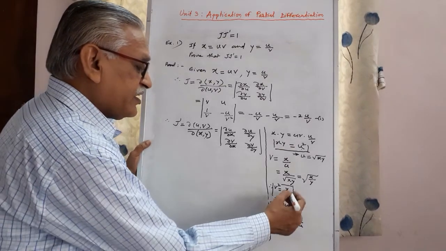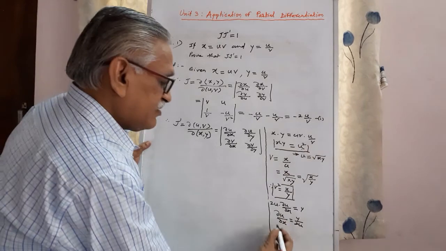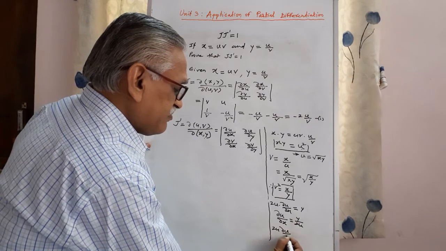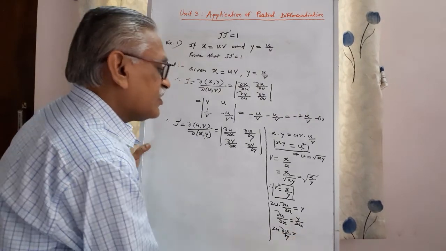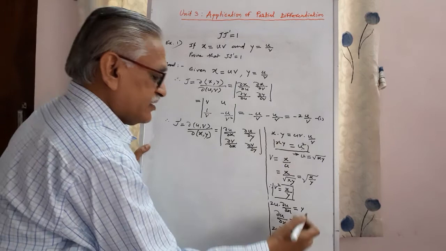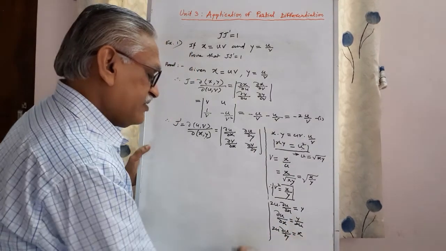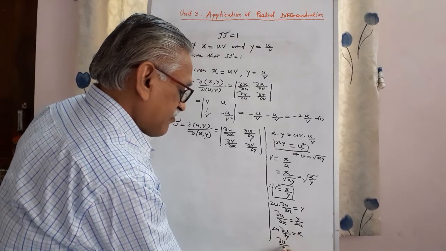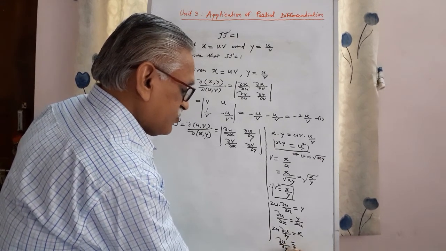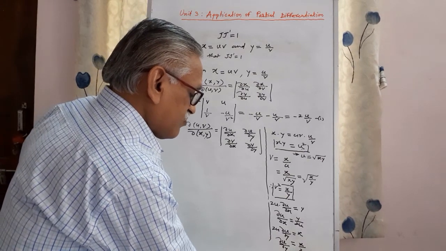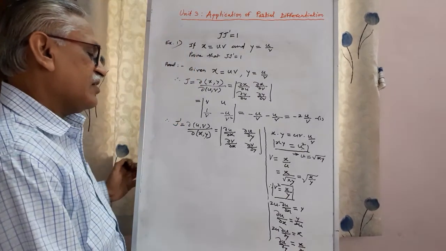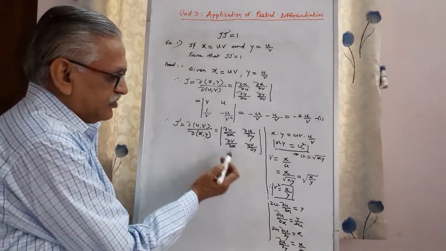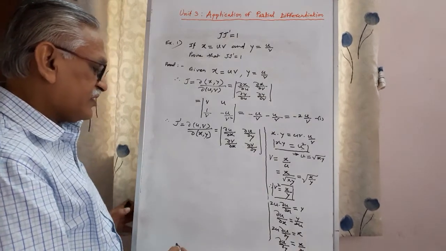Then differentiating with respect to y, we get 2u ∂u/∂y = x, and this gives ∂u/∂y = x/(2u). Like this, we find the values of ∂u/∂x and ∂u/∂y.